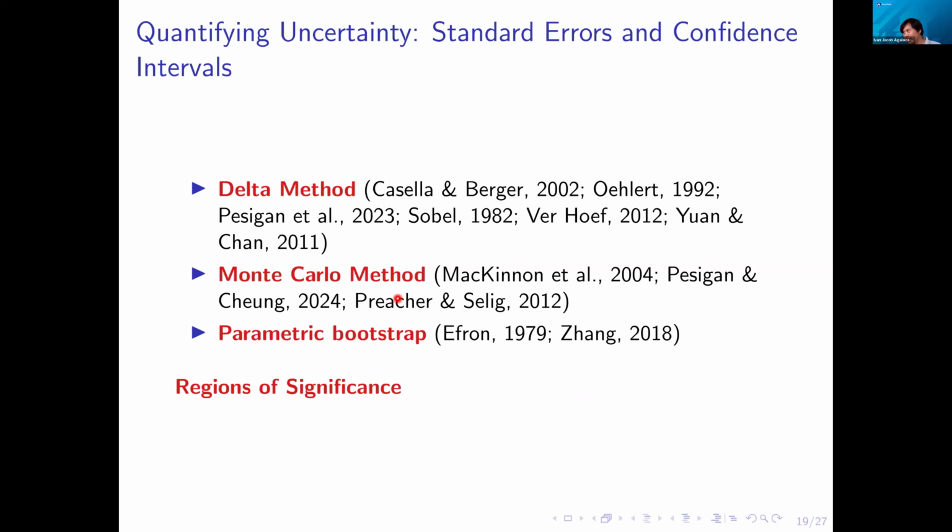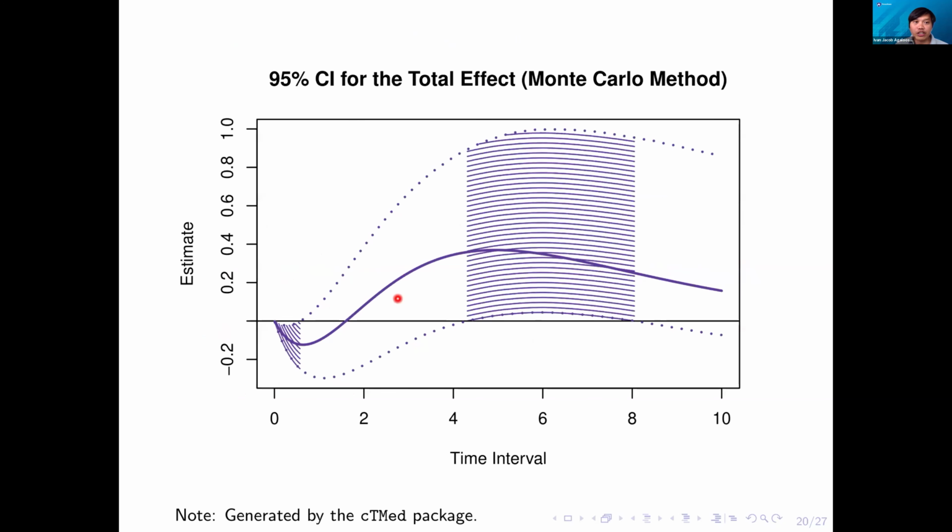Okay. So one way to visualize the uncertainty associated with the parameters of interest is to create what we call regions of significance. In this particular example, we have the total effect of stress on coping, which is the purple line here. The one in the middle is our estimates across different time intervals from 0 to 10.